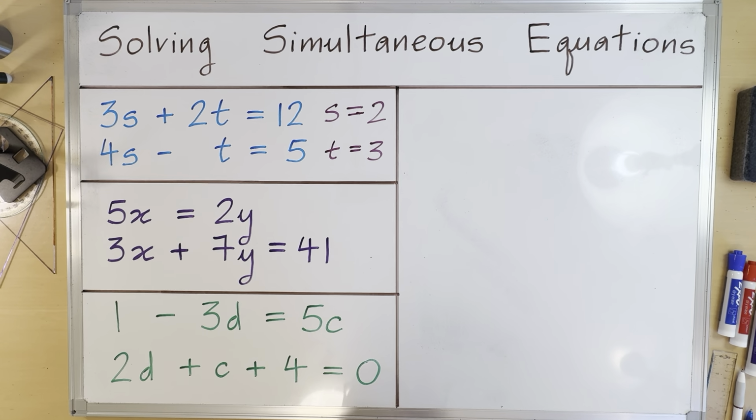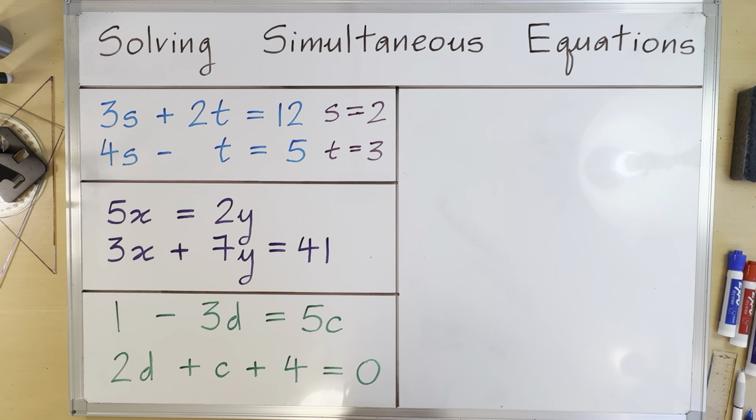Now let us solve the second set of simultaneous equations. So once again, what we want to do is move all of the terms with unknown variable letters to the left side of the equation, leaving the right side of the equation with numbers only. So first of all, 5x is equal to 2y.